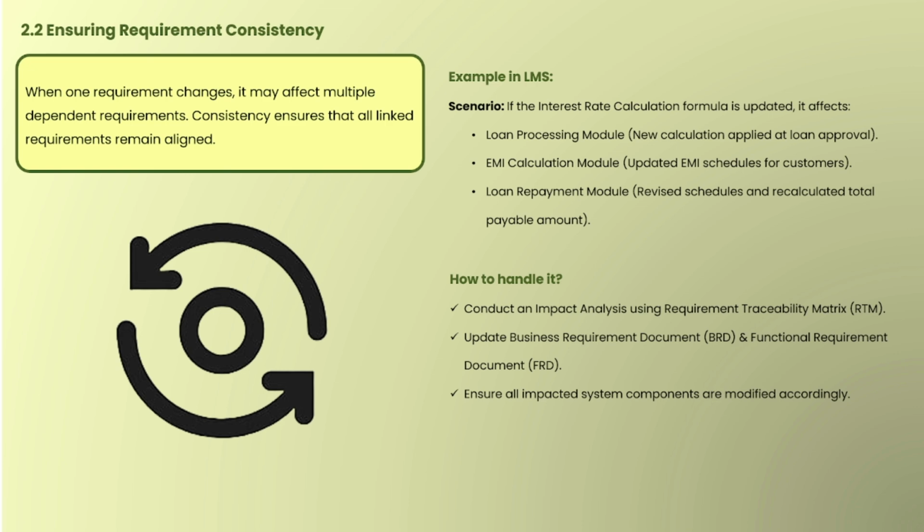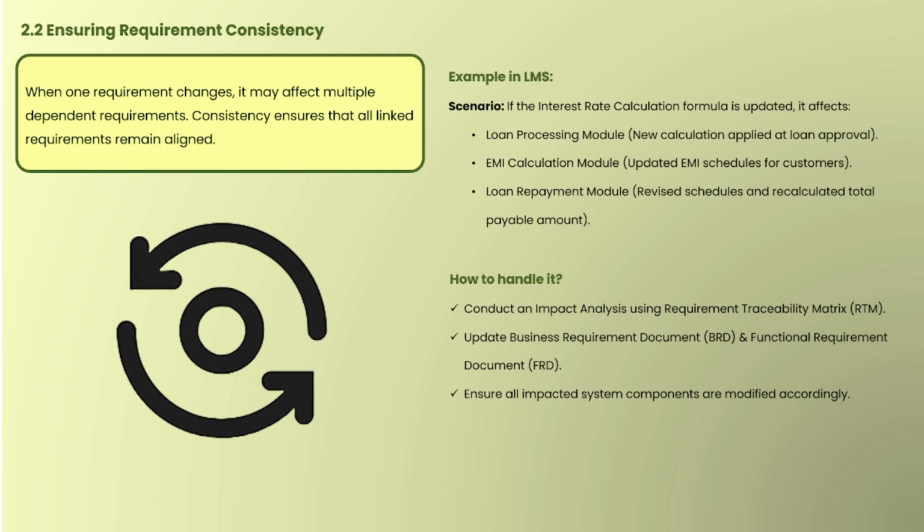Let's check it with the example. The scenario is that if the interest rate calculation formula is updated, it also affects the loan processing module, with the new calculation applied at loan approval; then EMI calculation, with an updated EMI schedule for the customer; then the loan repayment module, with a revised schedule and recalculation of the total payable amount.